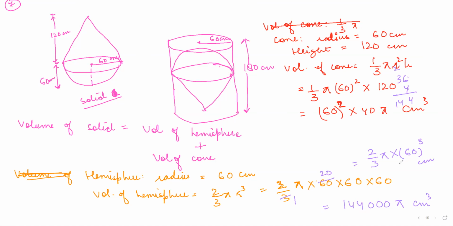Yes, ma'am. Okay, let us find the volume of the cylinder now. First of all, write down the radius is again 60 centimeter and height of the cylinder is given, that is 180 centimeter.